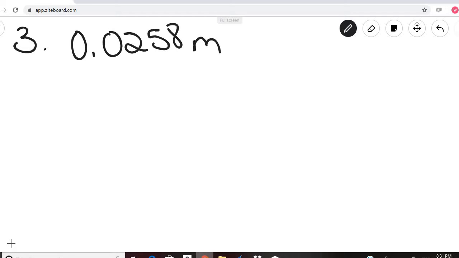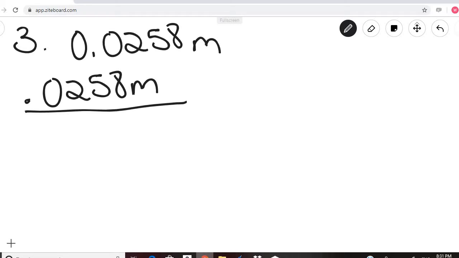The length of a pin is 0.0258 meters. What is its length in millimeters? Okay, so using the factor label method, we put the number that we want to convert over 1.